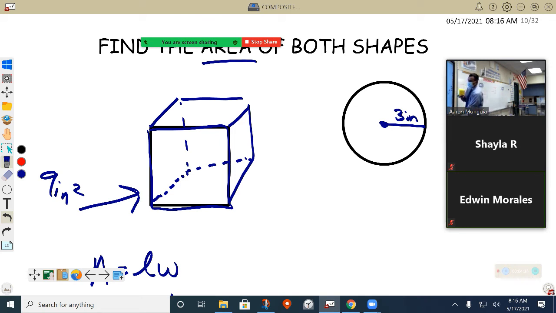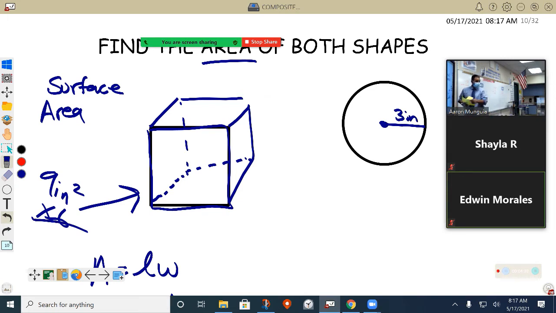So if I ask, what's the surface area of this? Think of the word surface. It's all the surfaces that my hands can touch. The surface area would be, notice there's 6 of them right here. All you in Zoom land, I would take the area of one of them and multiply it by 6 because there's 6 of them.